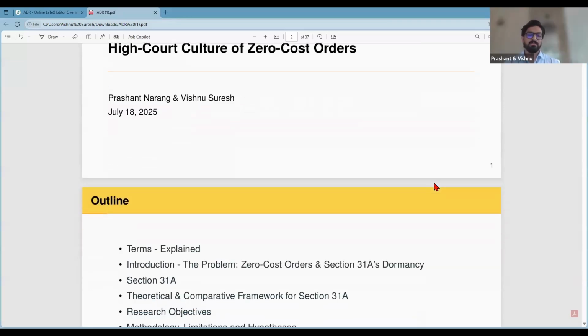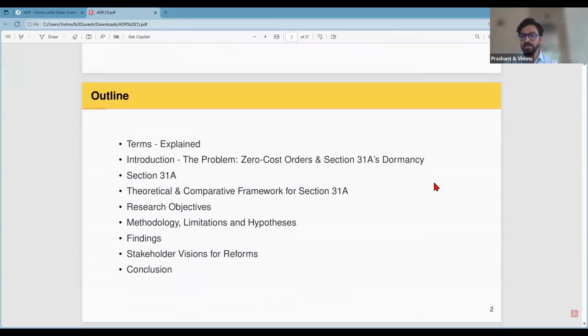Yes, I'll quickly jump into the outline of the presentation today. First, we'll be looking at some terms explained, the jargons which will repeatedly come across. Then we go into the problem, the introduction, how this thought occurred.